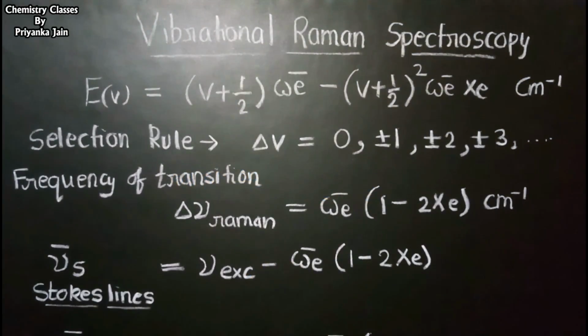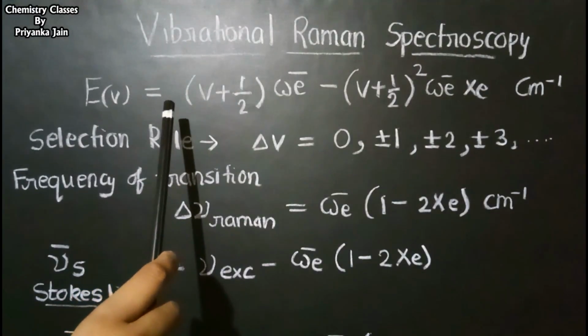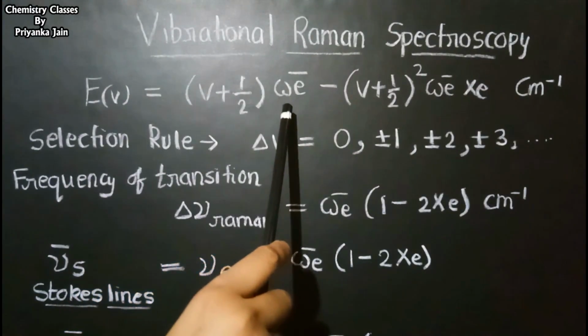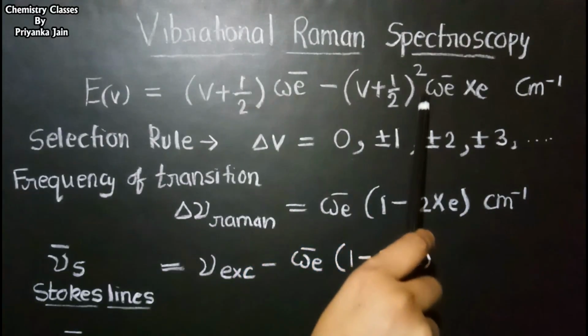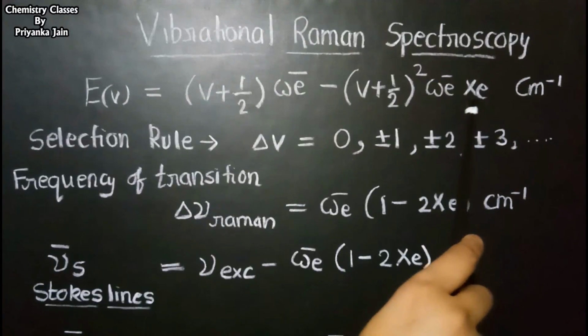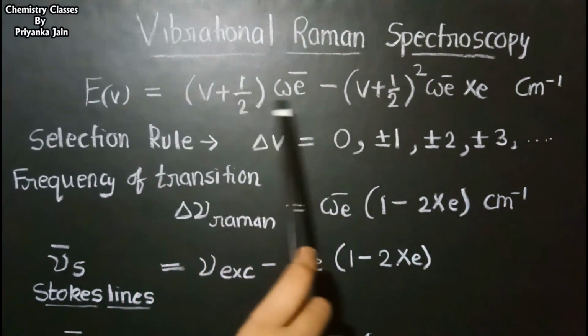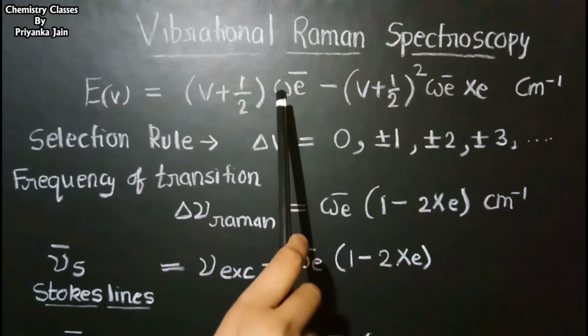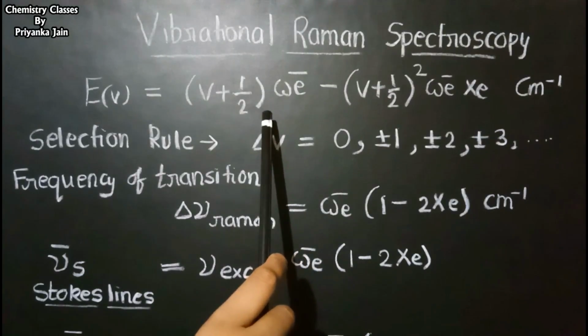Now we consider vibrational Raman spectroscopy. When we consider the pure vibrational Raman spectra, the energy term in wave number is given by (v plus half) omega e bar minus (v plus half) square omega e bar xe. Here xe is the anharmonicity constant, and we are considering this term for anharmonic oscillators.